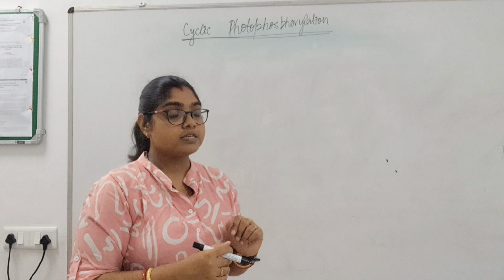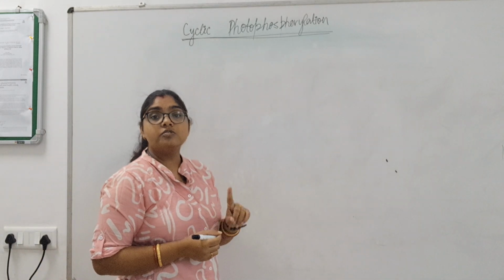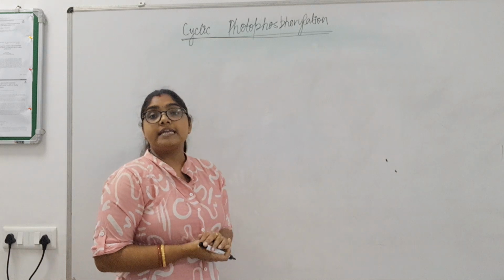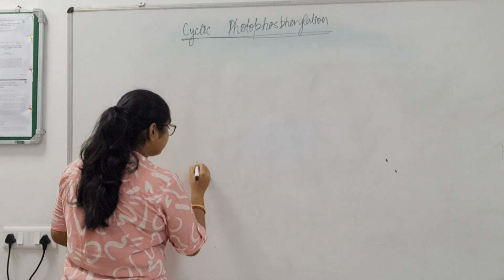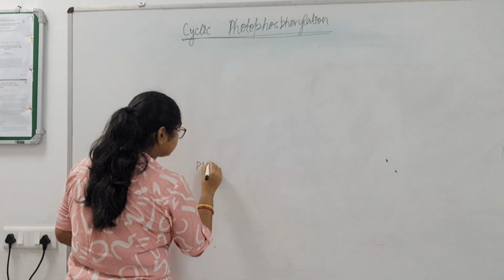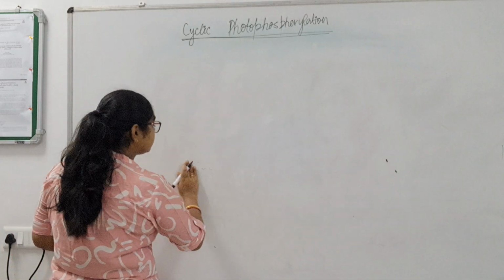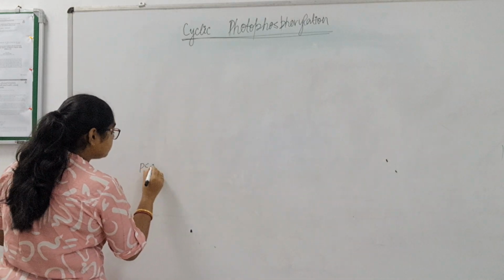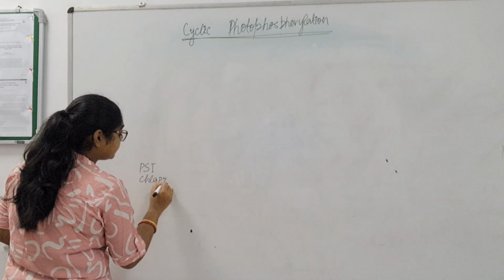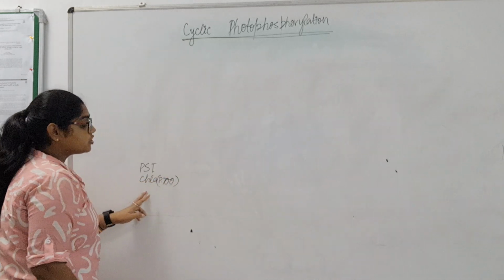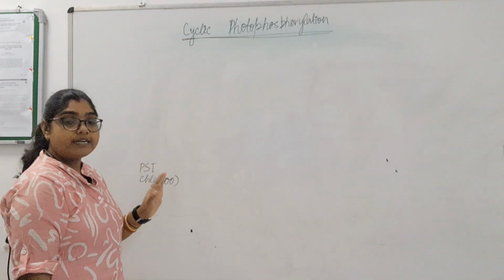How does it work? Cyclic photophosphorylation involves only one photosystem, that is photosystem 1. So the special chlorophyll pair of photosystem 1, that is P700, is the special chlorophyll pair because it can absorb light of wavelength 700 nanometer.